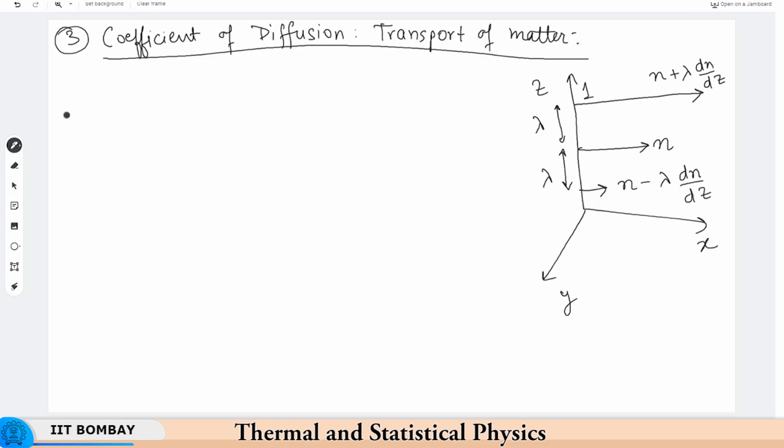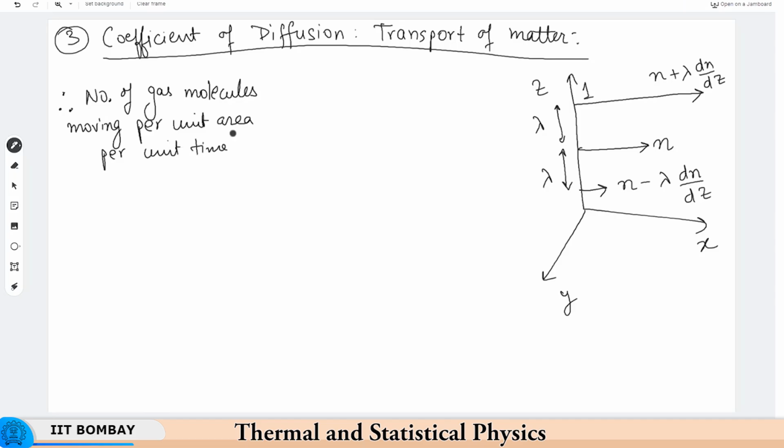So, therefore, we can again define a quantity which is the number of gas molecules moving per unit area per unit time.